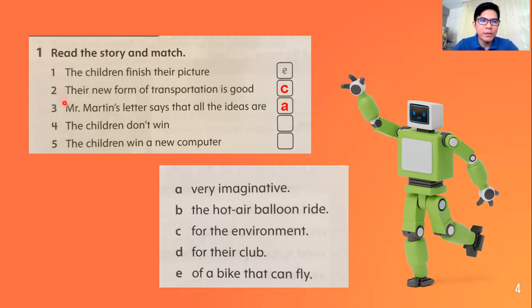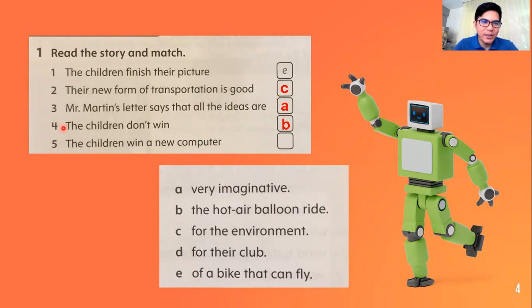Let's move on to number 4. The children don't win. What's the answer? 3, 2, 1. The correct answer is B. The children don't win the hot air balloon ride.